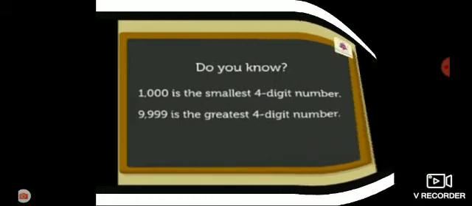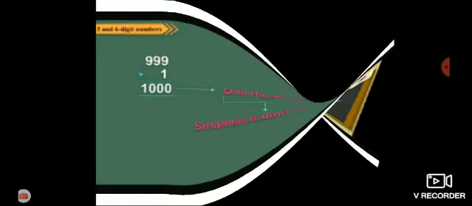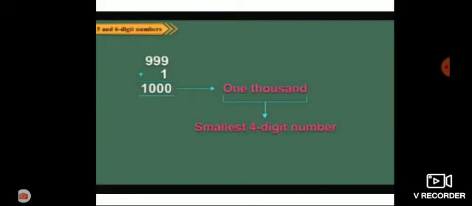Now we are going to see, do you know 1000 is the smallest 4-digit number, right? We have discussed this in the get started activity. Now 9999 is the largest 4-digit number, that also we have discussed, but we are going to see how it came. When 999 is added with 1, you get what number? 1000.